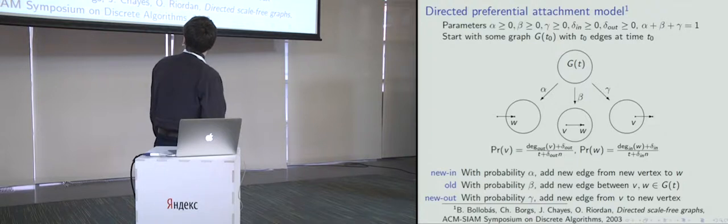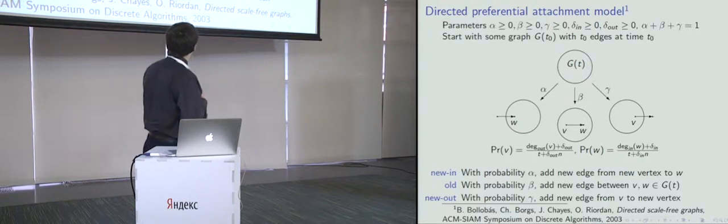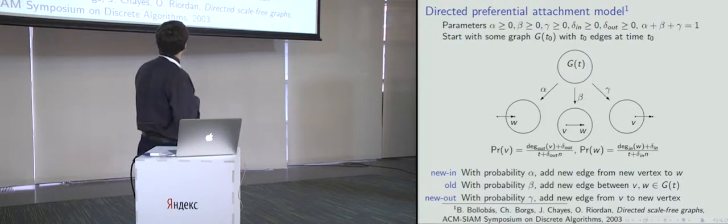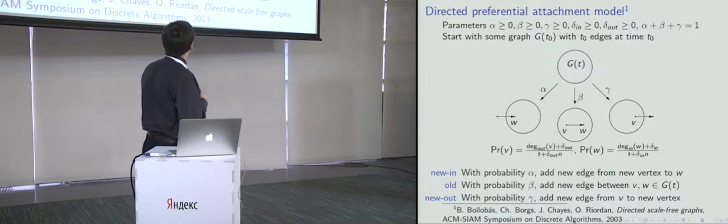The first, with probability alpha, adds a new edge and a new vertex to some existing vertices in the graph. With probability beta, we add a new edge between 2 existing vertices, and with probability gamma, we create a new edge from some existing vertex to a new vertex.